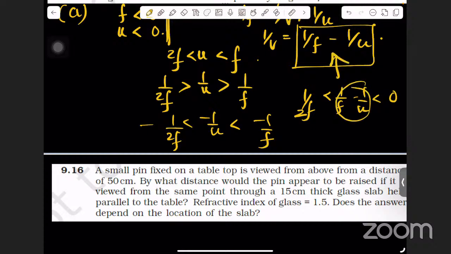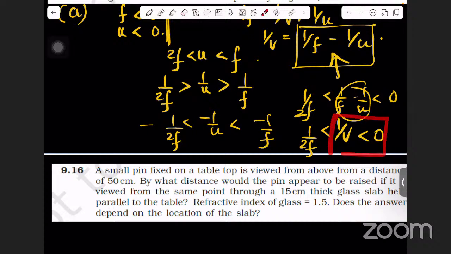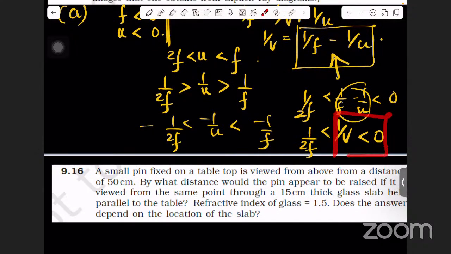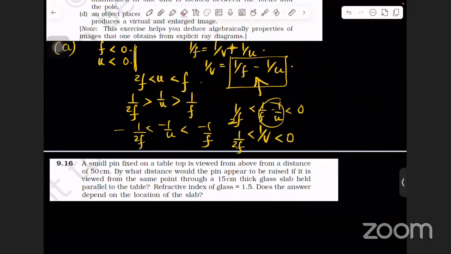And this is 1 upon v. So 1 upon v turns out to be negative, which implies that v is negative and it's greater in magnitude than 2f. That means v lies beyond 2f. So the first thing has been proved.